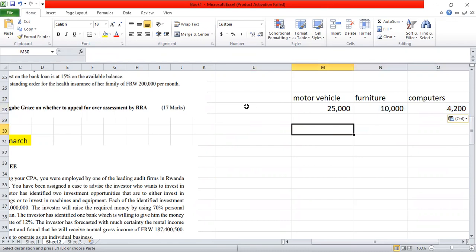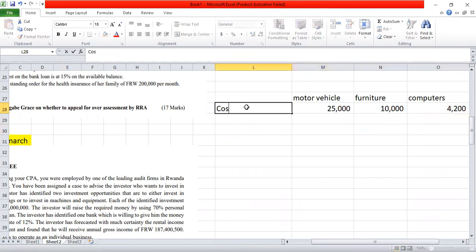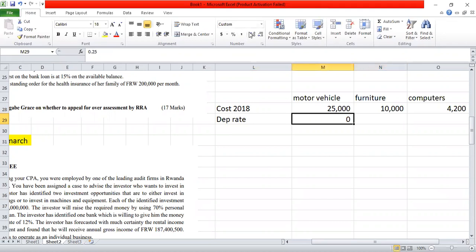So 2018 cost at 2018. Remember, this asset will depreciate on reducing balance. So our depreciation rate, this is 25%. This one is also 25%.